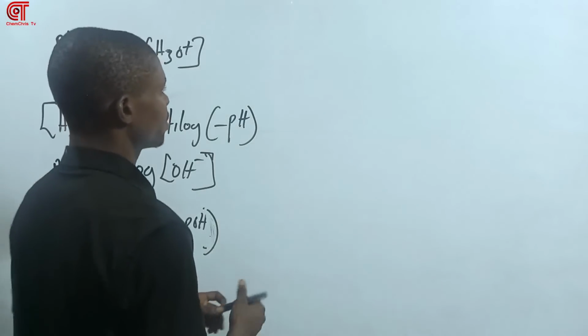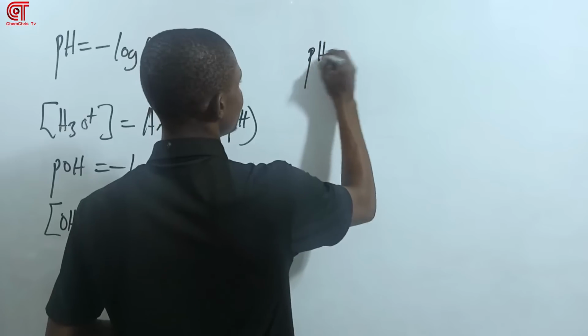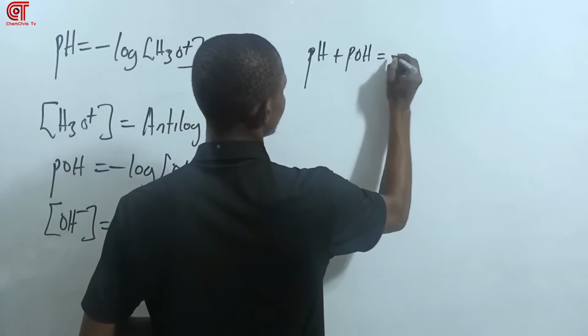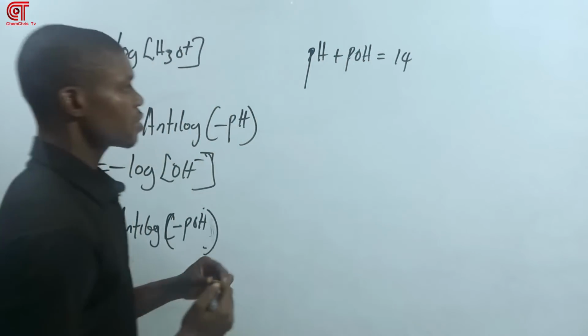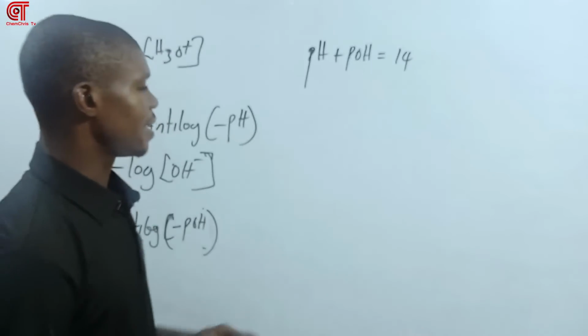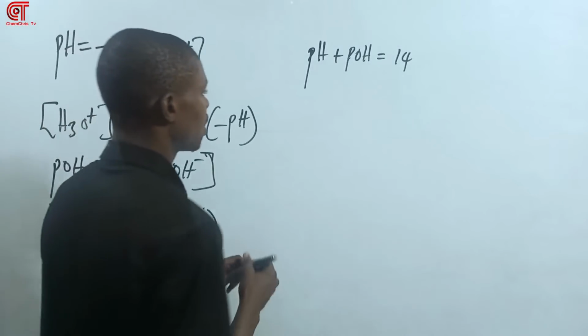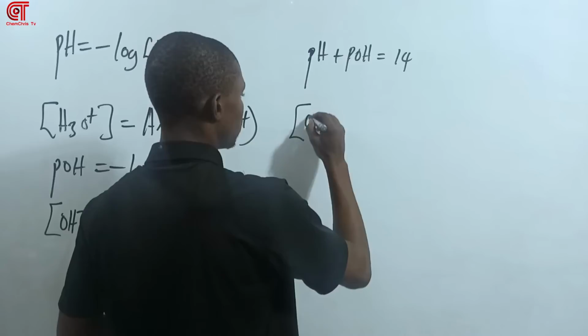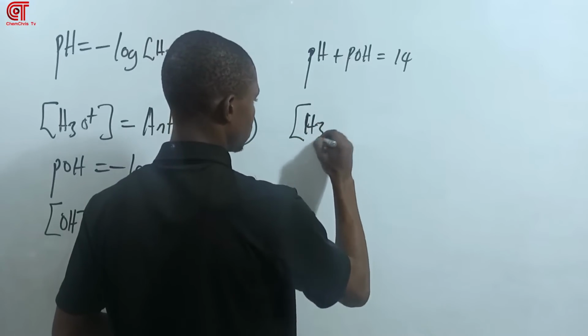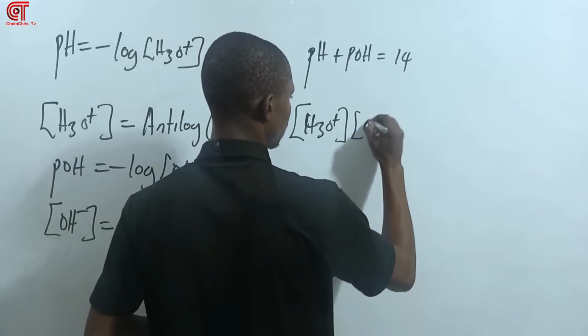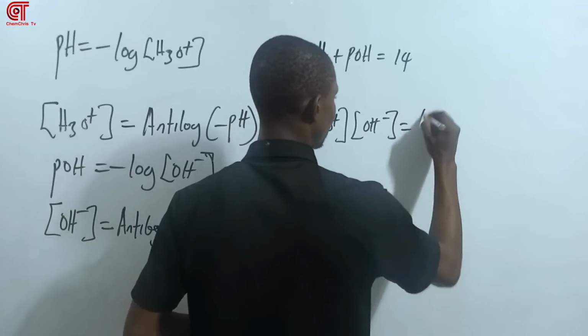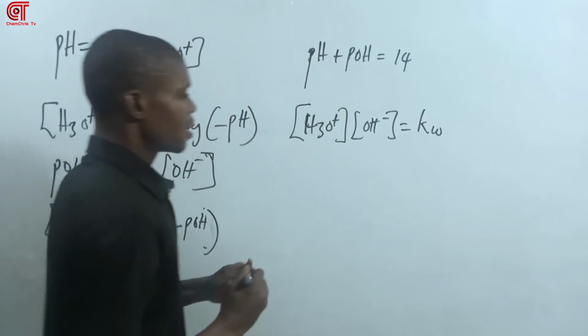Another formula you are going to see is pH plus pOH equals 14. You want to know this one. The next one you want to look at is H3O plus times OH minus equals Kw.